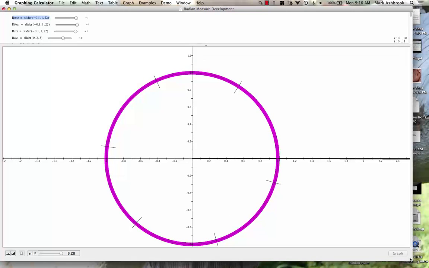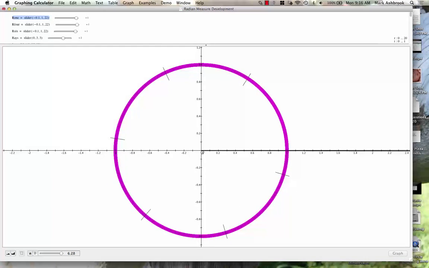Okay, so we've been talking about looking at these circles, and so we said the positive x-axis, we're going to call that the 3 o'clock position, like this point right here.